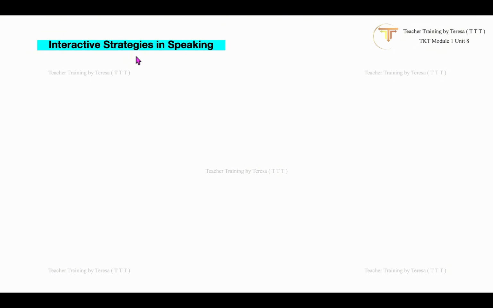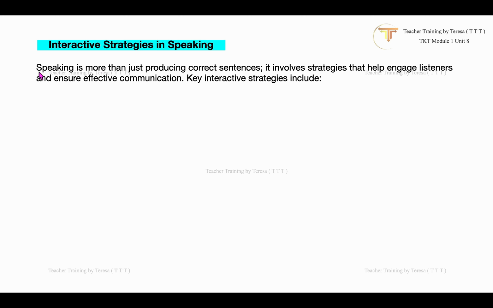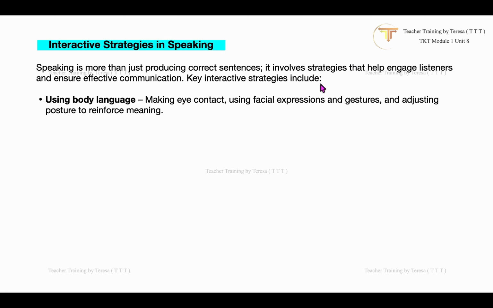Interactive strategies in speaking. Speaking is more than just producing correct sentences. It involves strategies that help engage listeners and ensure effective communication. Key interactive strategies include using body language, making eye contact, using facial expressions and gestures, and adjusting posture to reinforce meaning.